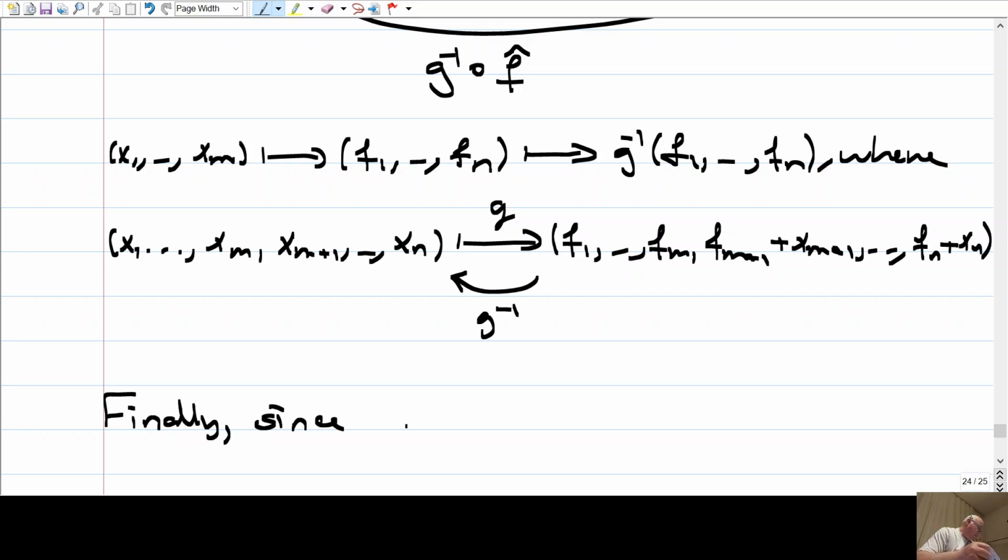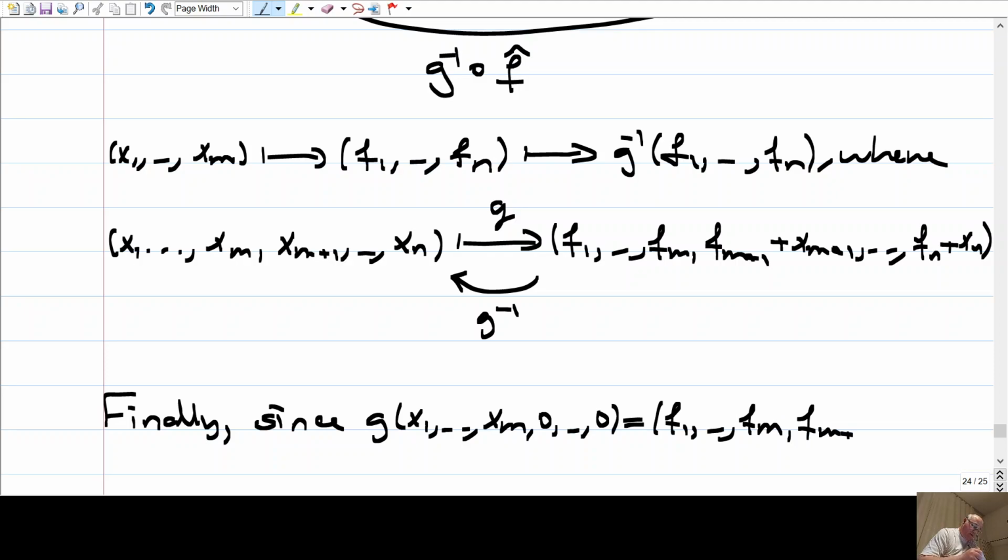Since g of x1 up to xm, 0, 0, 0 is equal to f1 up to fm, fm plus 1 up to fn, because I chose this coordinate 0, so this is 0, this is 0, I have just fm plus 1 up to fn.